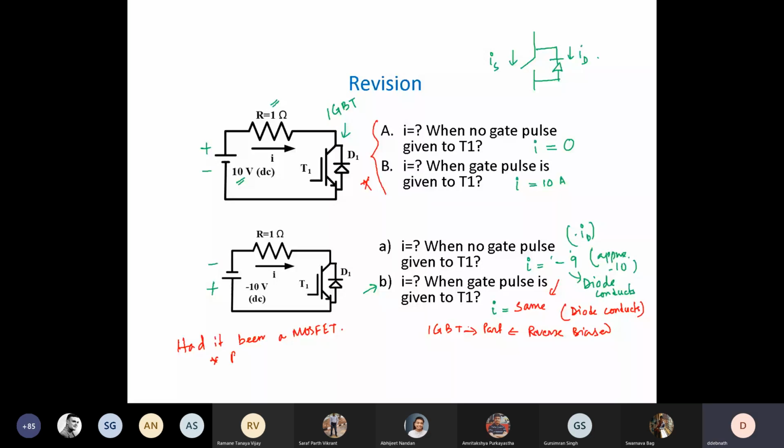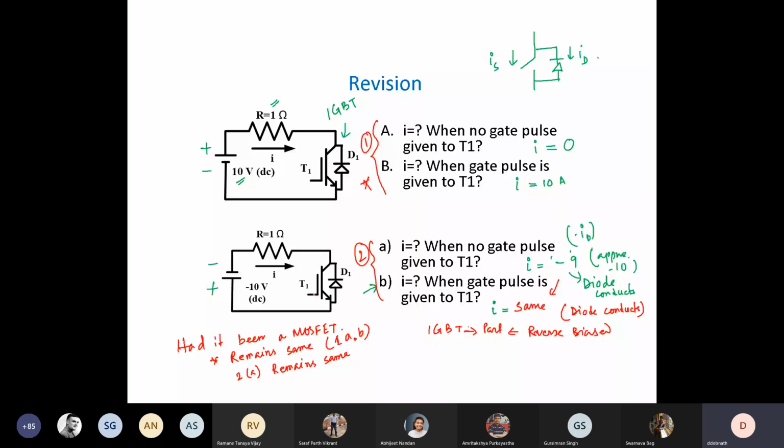So 1A, 1B remain the same, then 2A remains the same. By same, I mean same as with IGBT, right? Because in this case also, if you don't give a gate pulse, the MOSFET channel will not form. But there is a difference in 2B. Okay, what will be your answer to 2B?